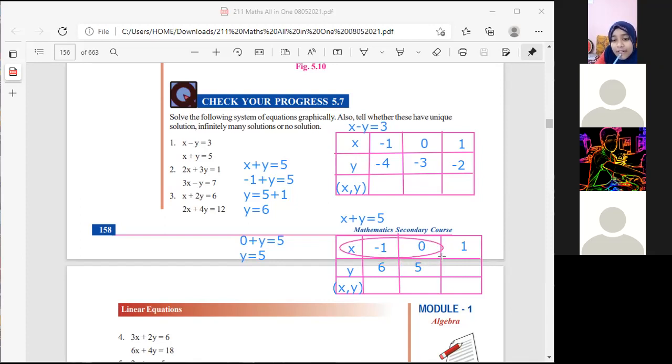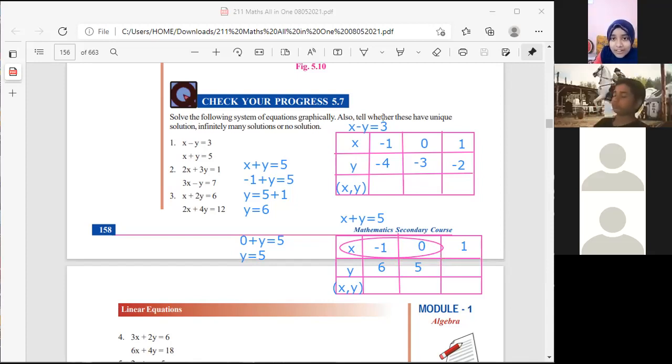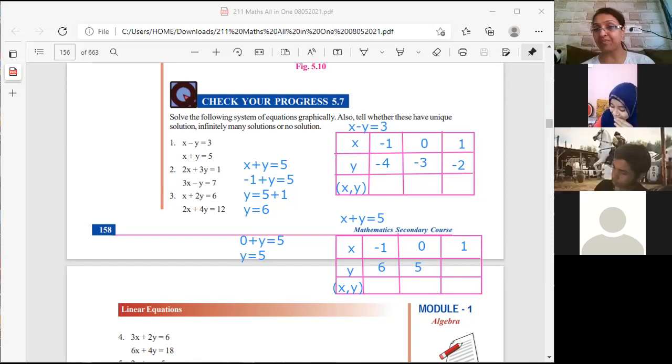I have assumed my x to be 0. I will substitute x to be 0, then I will get y. Don't get confused. It's okay, because we are doing it for the first time, there is a chance that you may get confused. That is the reason I'm doing it step by step with you.